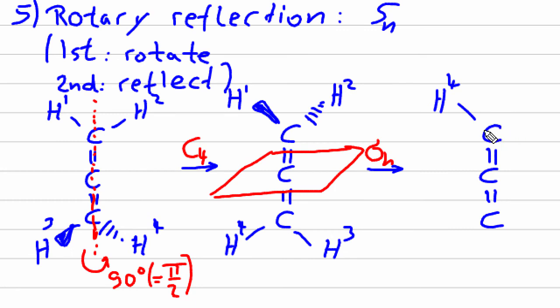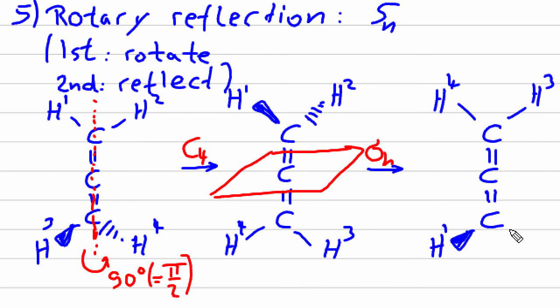And it is in the plane because it was before in the plane. And same for hydrogen atom number 3, it is still in plane. Hydrogen atom number 1 moves all the way down. It was pointing towards us, and it's also pointing towards us after we do the reflection.